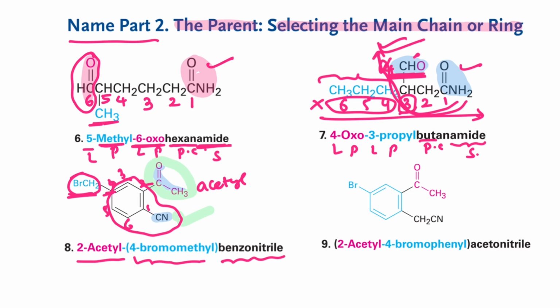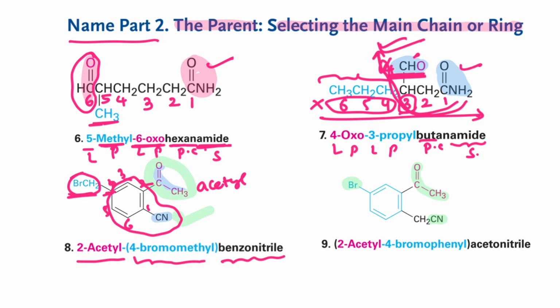Next example: in this compound there is a little difference. This is a ketone functional group. This is a cyanide functional group. Bromine is just a prefix, because this subordinate group is not a functional group; it is not considered a priority group.